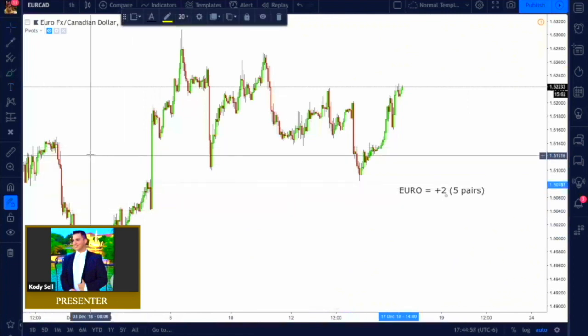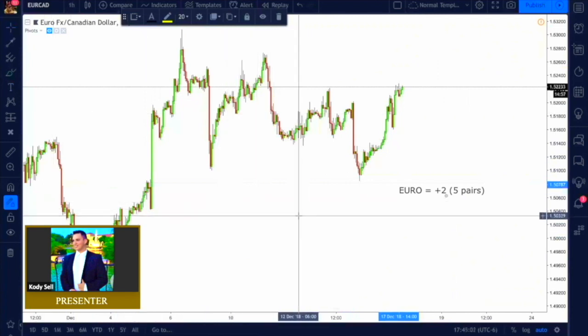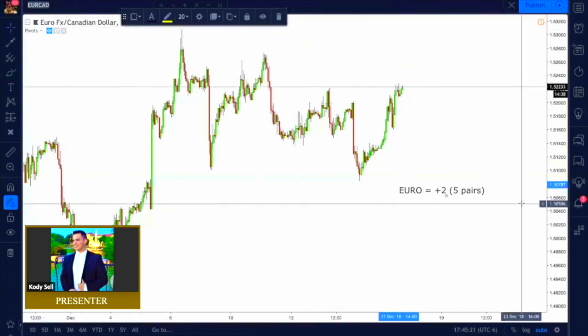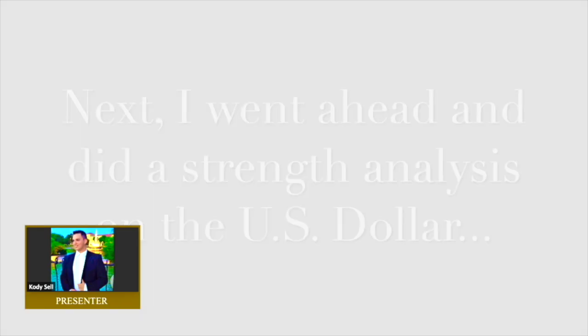So just to give you guys an idea, anywhere from like -2 to +2 is kind of moderate. Anything above that is stronger. Okay, so you're looking for either really bearish or really bullish here, so we're looking for like a -5 or a +5. So a 2 is kind of, it's okay. So let's take a look at the dollar as well.